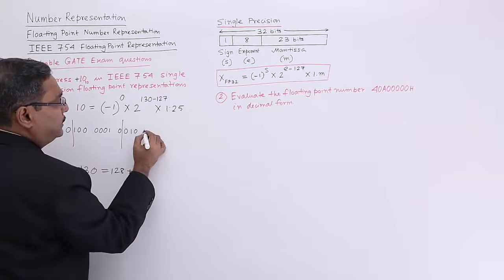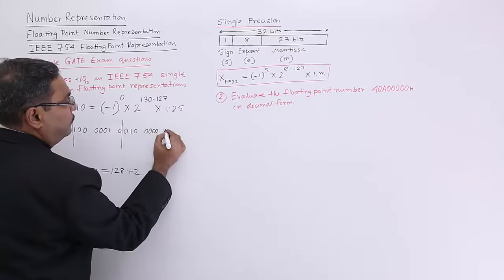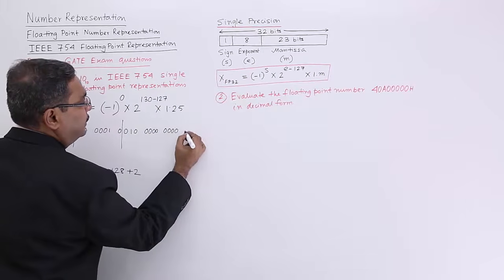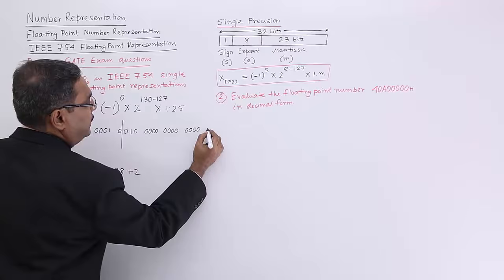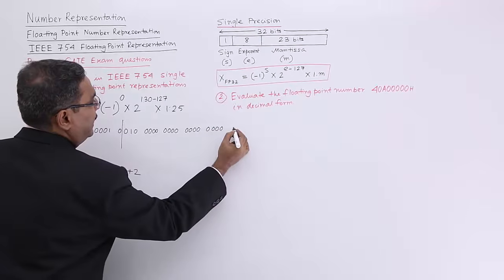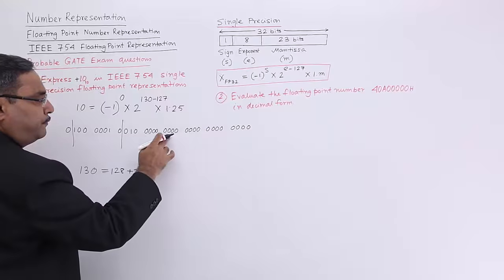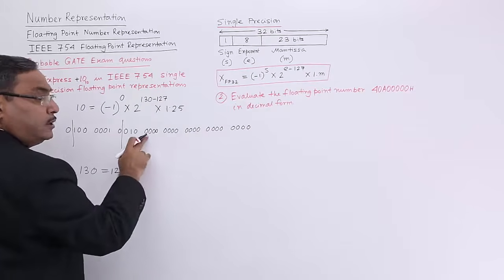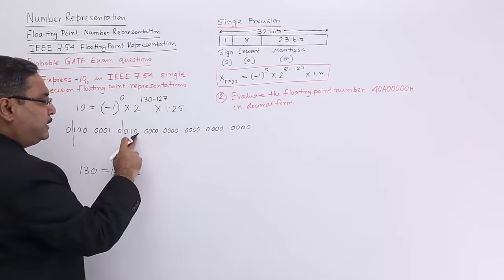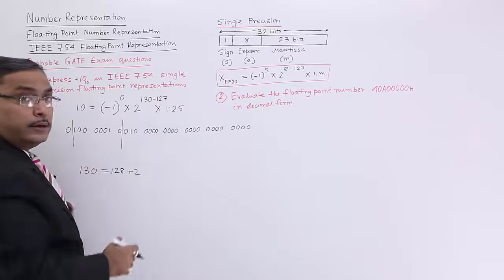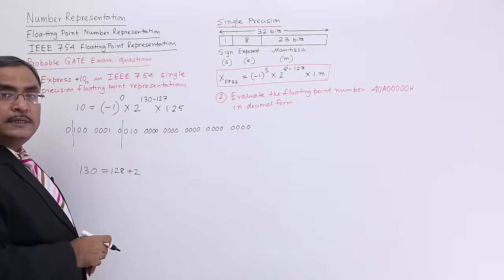That is 4 zeros, another 4, and so on, 5 times 4 is 20 bits plus 3, 23 bits, 8 bits, 1. In this way the number can be represented.